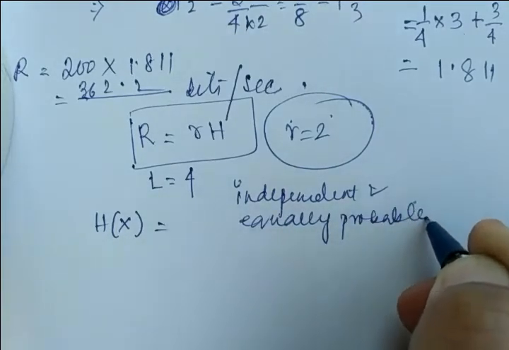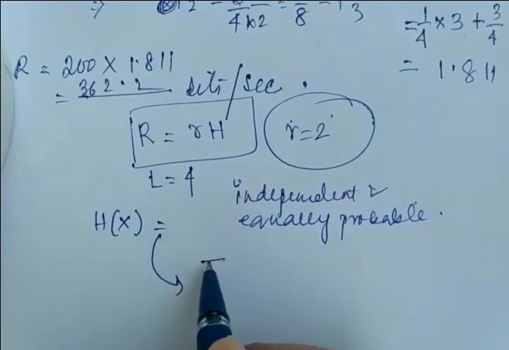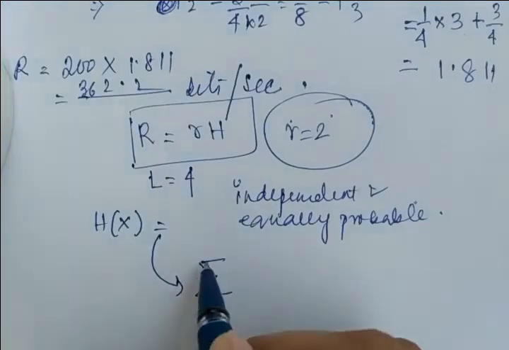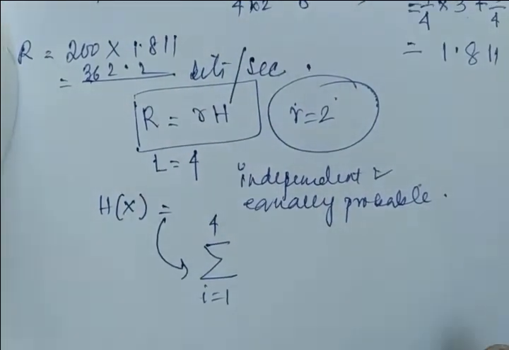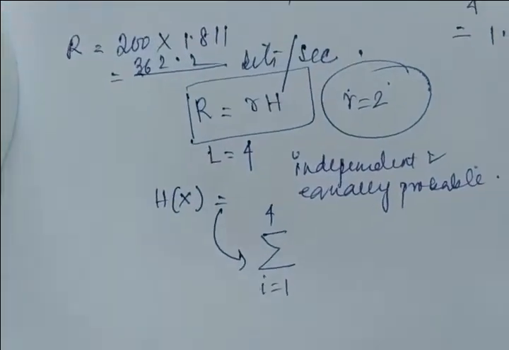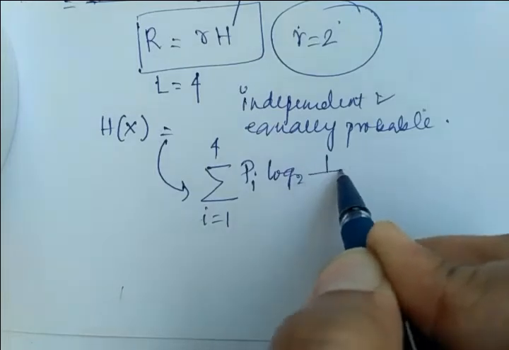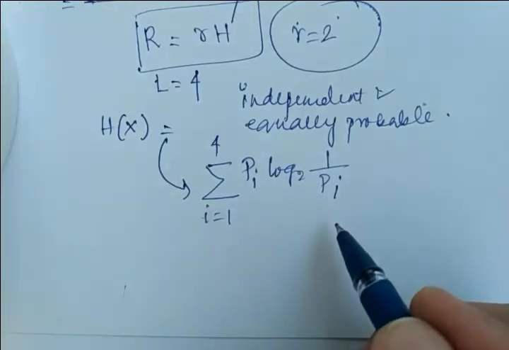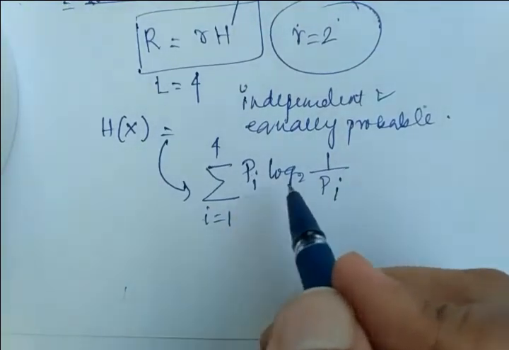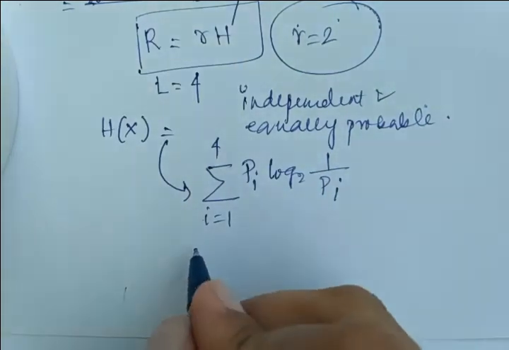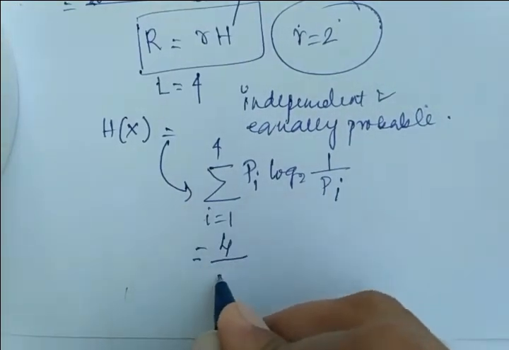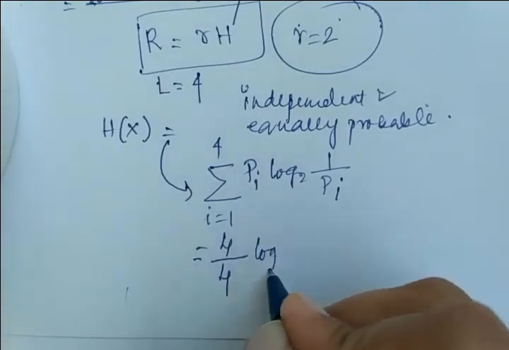So this is the clue. It is the sum for i equal to 1 to 4 of pi log 2 1 by pi, and all the values are 1 by 4, because there are 4 symbols. So this is 4 by 4 log 2 4.